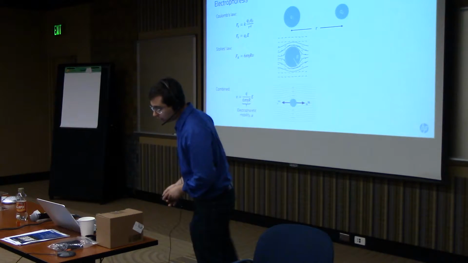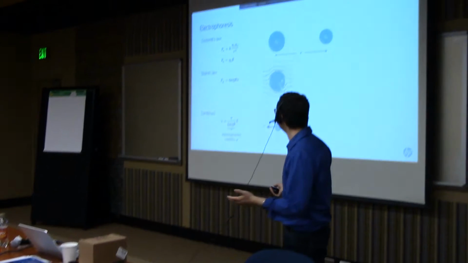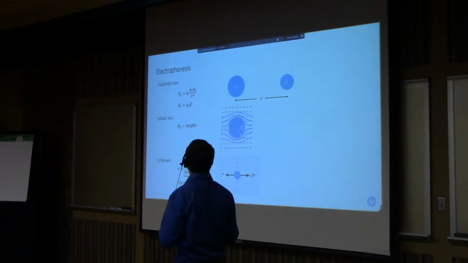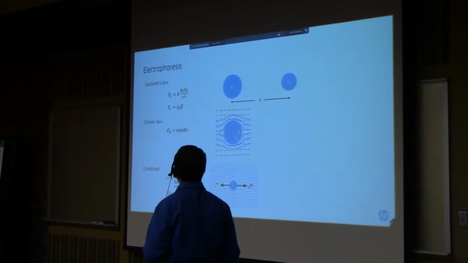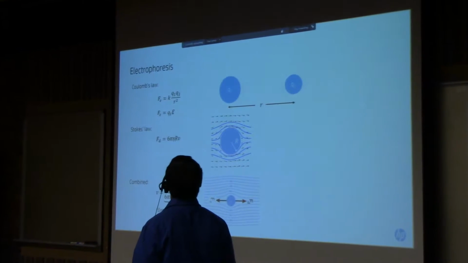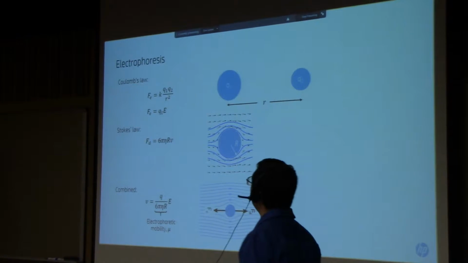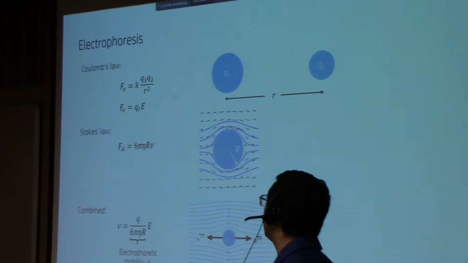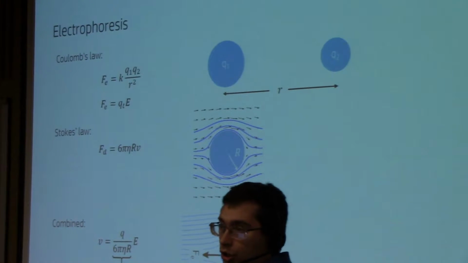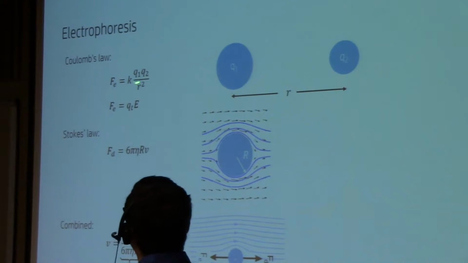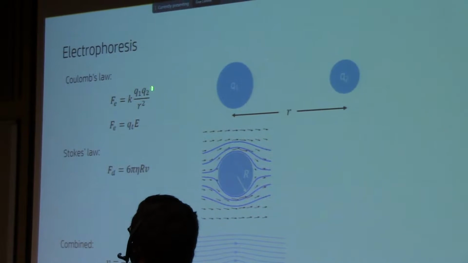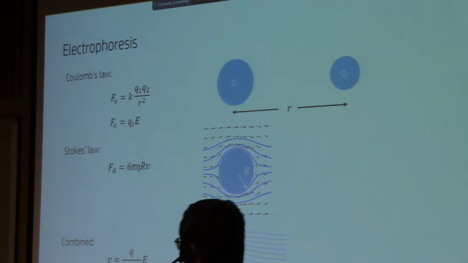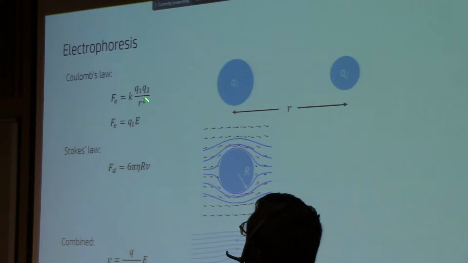So what is electrophoresis? Electrophoresis is basically a balance of the drag that a particle experiences with the electrical field that the particle experiences. If you remember Coulomb's law, it states that the force between two charges is proportional to the value of each of the charges, and inversely proportional to the radius squared between the two charges.